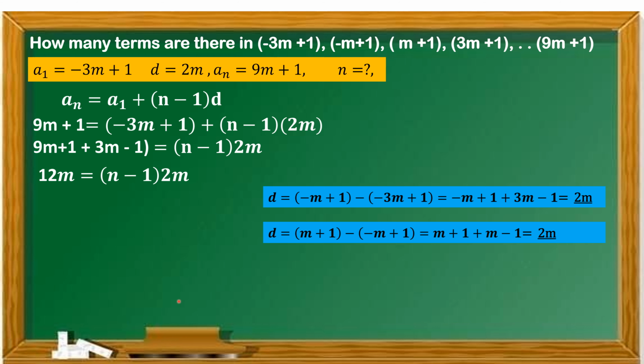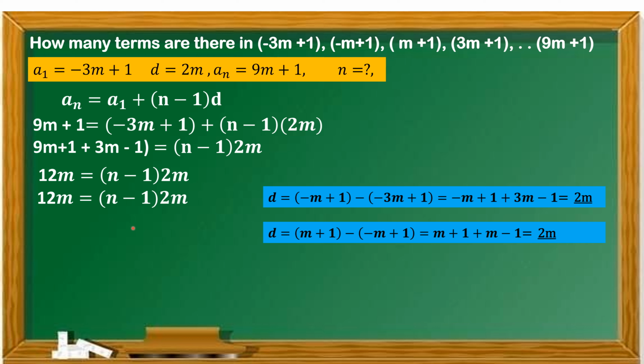Okay, so for the next step we will be combining the 9m and the 3m, which is 12m. The positive 1 and the negative 1 will already be a 0, and still n minus 1 times 2m on the right. And this time, we will be getting the value of n, but the n minus 1 has a multiplier of 2m, so we want to isolate the 2m so that our remaining term is n minus 1.